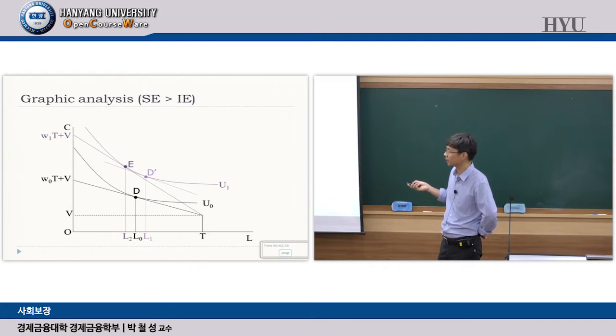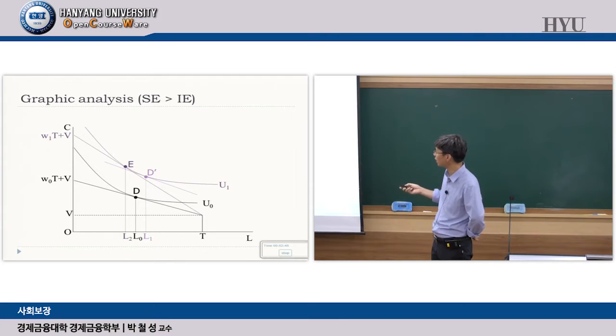So it's a hypothetical change in the non-labor income. It's not a real change. If that happened, hypothetically this person will move from point D to point D prime. Okay? So that part shows up as moving from L0 to L1.